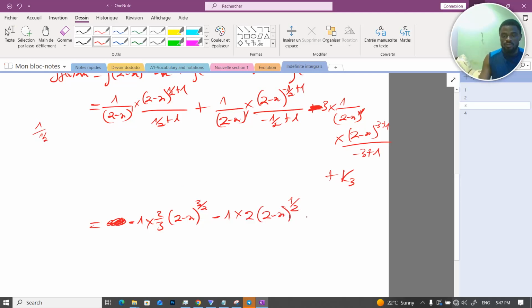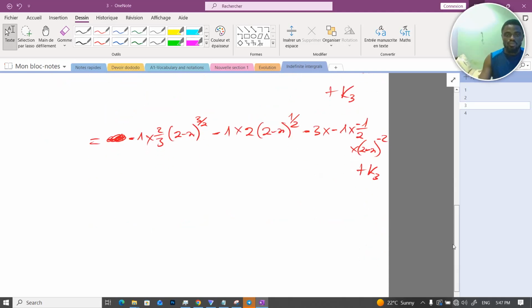Then minus 3 times this, times minus 1 times minus 1, and here we are going to have minus 2, so times minus 1 on 2, times again 2 minus x to the minus 2, plus our constant k3. So let's simplify things.